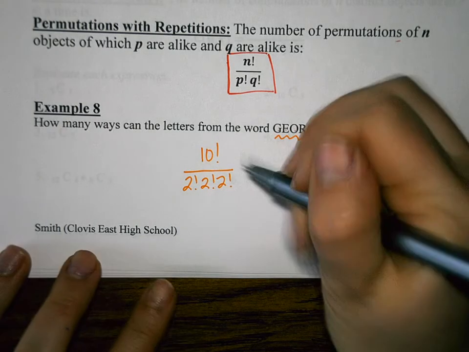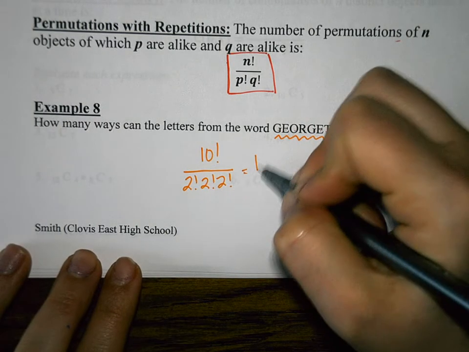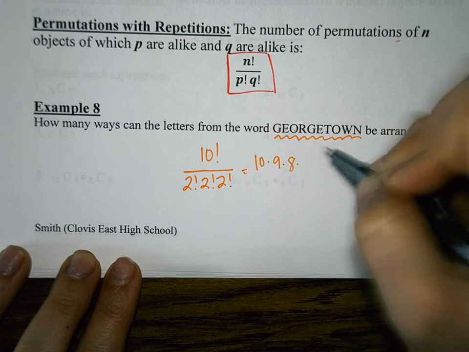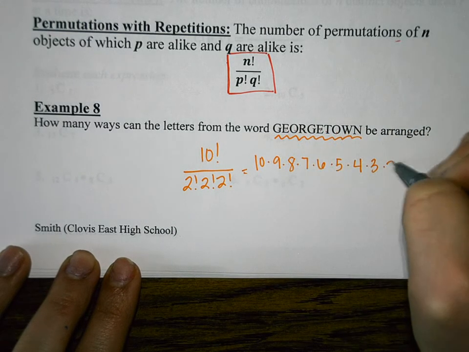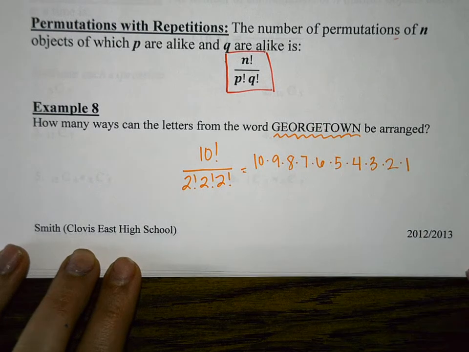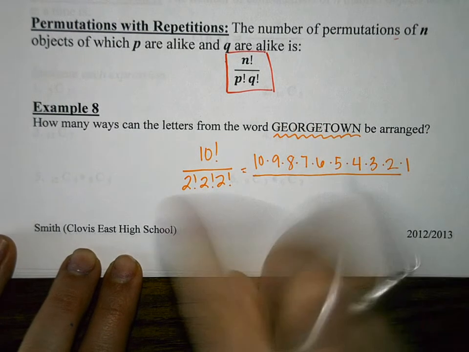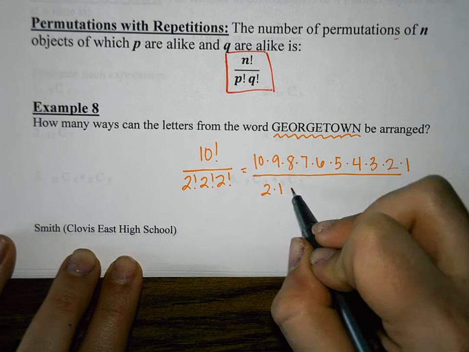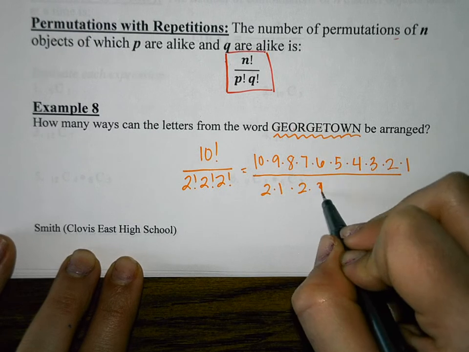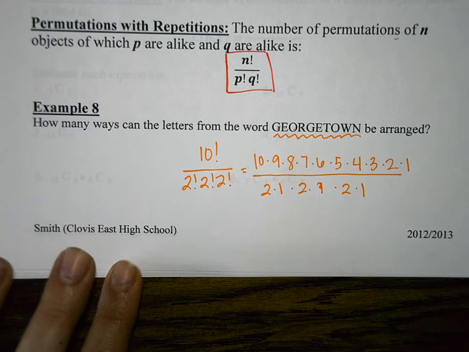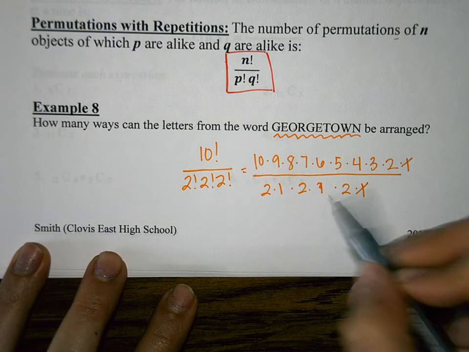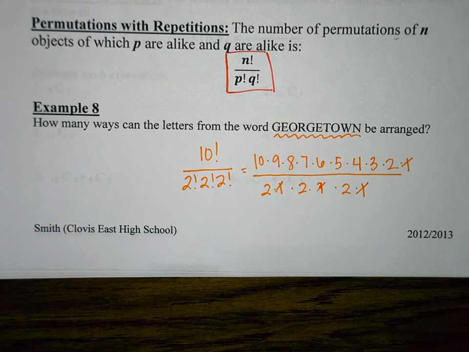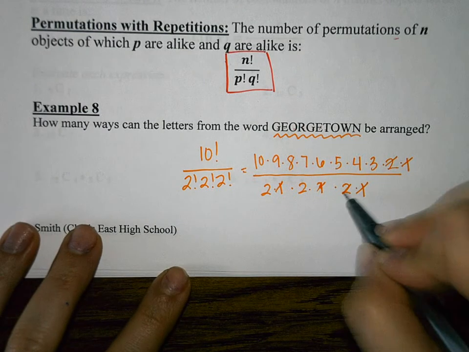So let's write all of this out. This is going to be 10, 9, 8, 7, 6, 5, 4, 3, 2, 1, over 2 factorial is 2 times 1, times 2 times 1, times 2 times 1. So we wrote them all out. The 1s are all going to reduce with each other because 1 times 1 is still 1. Here we have the 2's that are reducing.